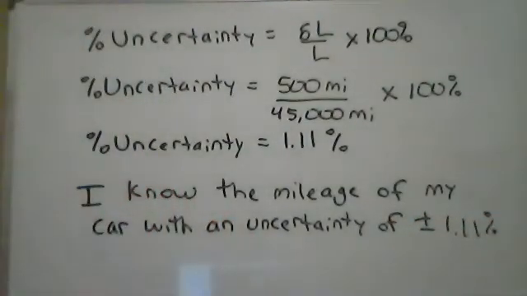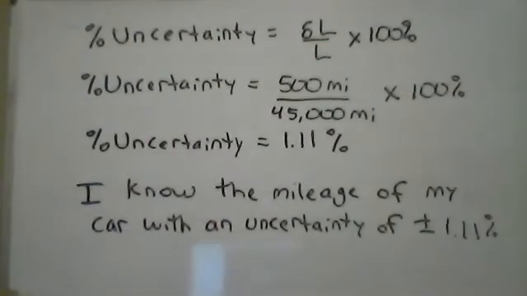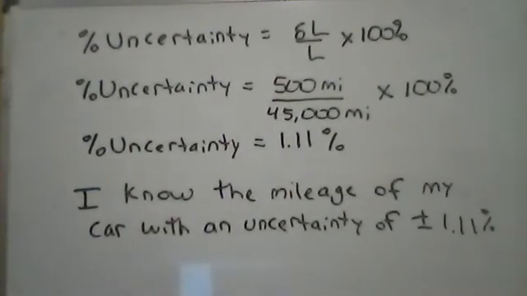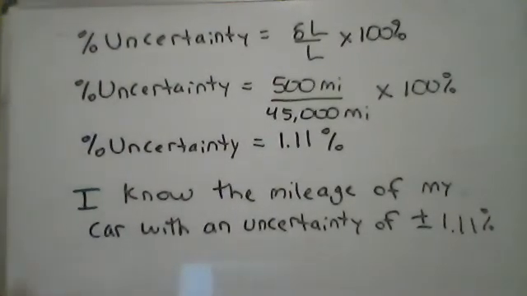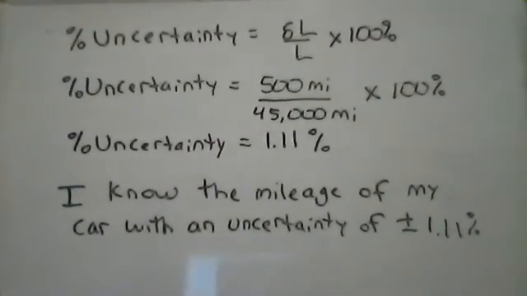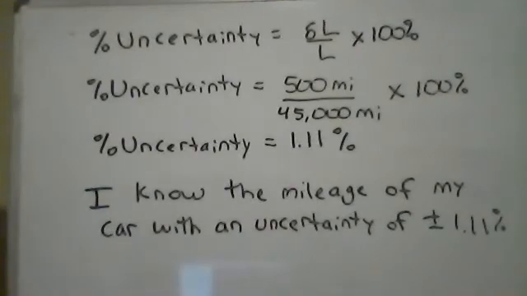So again, it makes it look like I know things pretty well. You tell me, if you say, well, you don't know your car's miles within 500 miles. Well, given that the nominal value is 45,000 miles, that's not bad. All right, and so 1% is not bad.